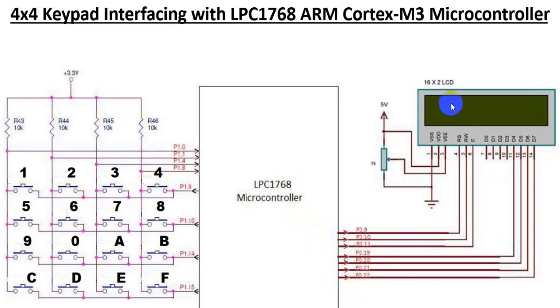Hence, by using a 16x2 LCD in 4-bit mode, I am actually saving 4 IO pins on LPC1768. So in this mode, how do we send the 8-bit data? We shall see that in the software logic. So this is all about the interfacing of a 16x2 LCD with the LPC1768 microcontroller.